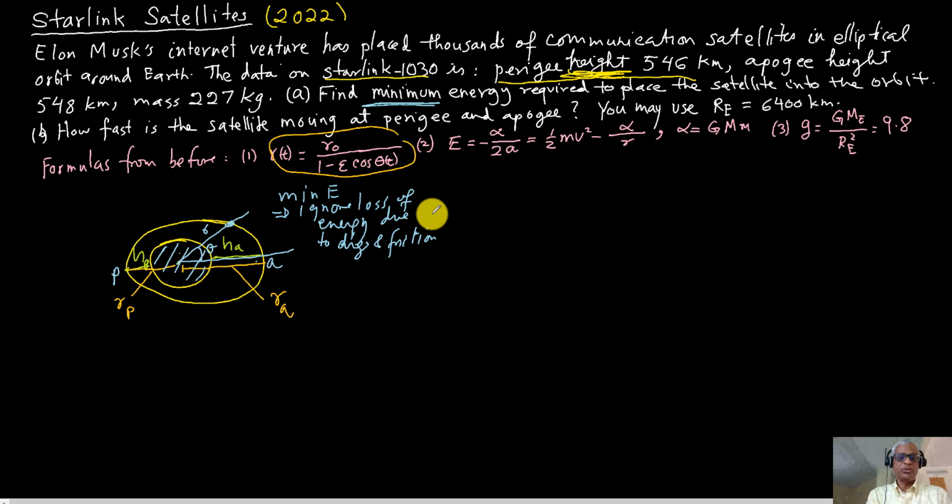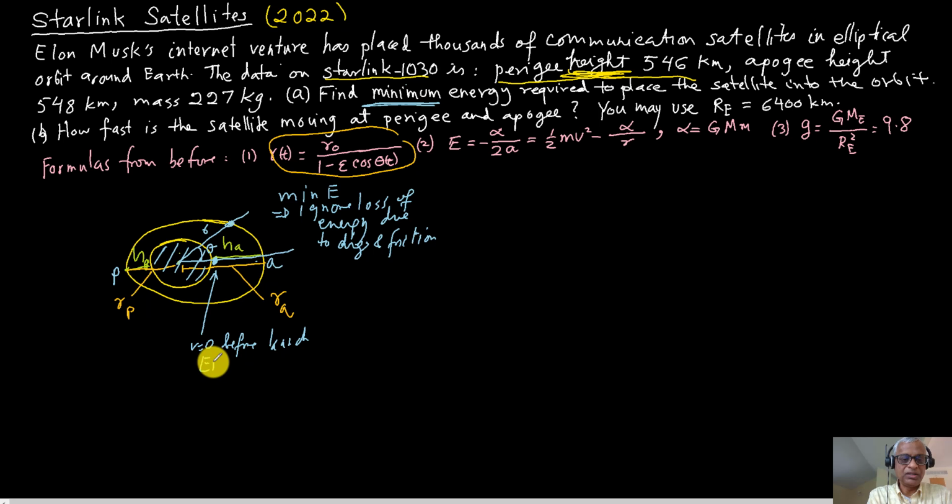Okay, so the problem becomes, if you look at it, I'm here and I shoot in whatever direction I shoot, and initially V equals 0 before launch.